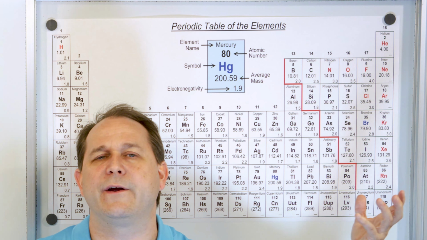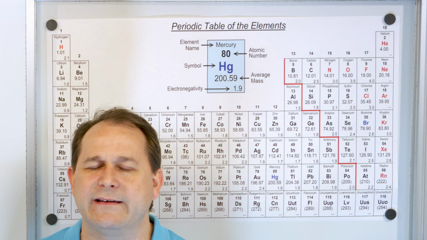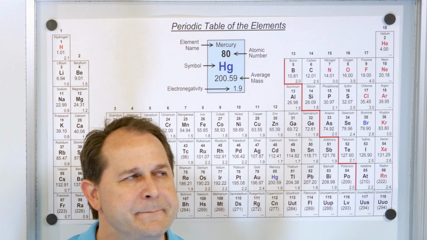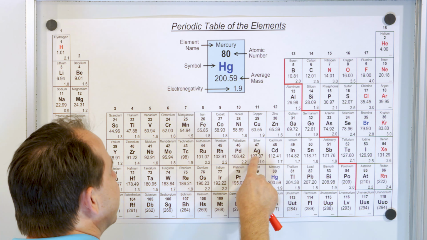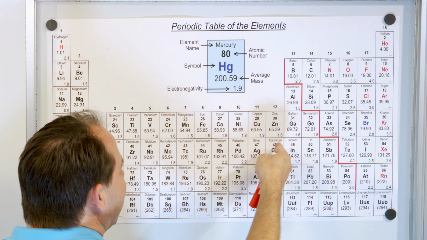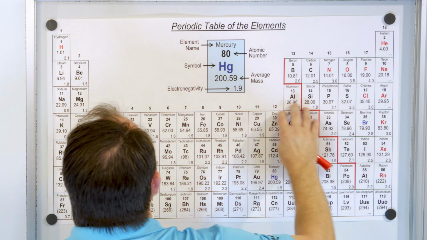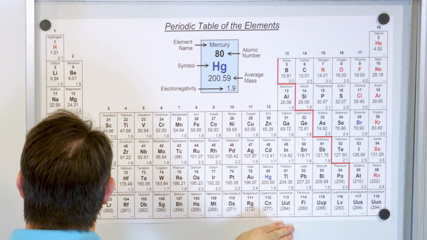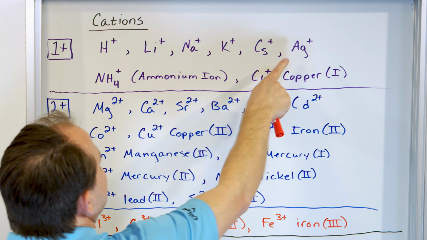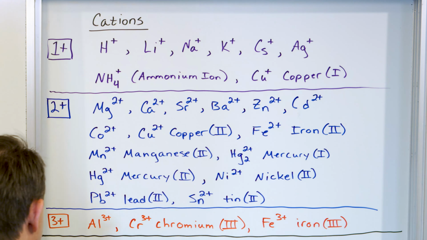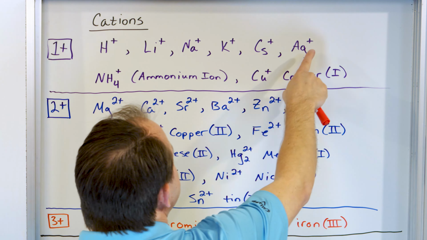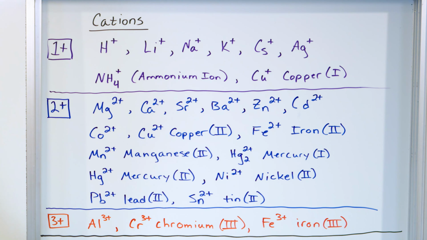It depends on what they're bonding with. And you can't predict ahead of time. It comes from experience, okay? So I'm just telling you that silver, since you can't predict it from its location here, like how would you count? How many will it want to lose? I'm just giving you a table to get you started that in general, silver is going to want to lose a single electron. Now, can it do other things? Yes, but this is a silver ion that's very common.